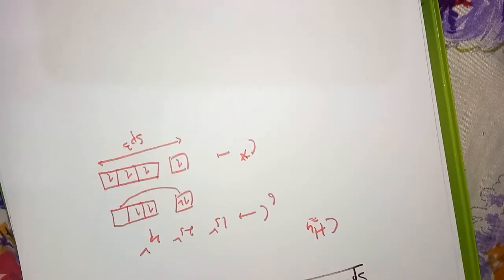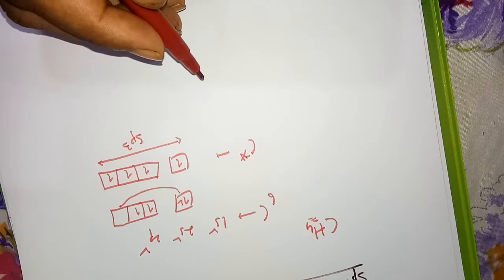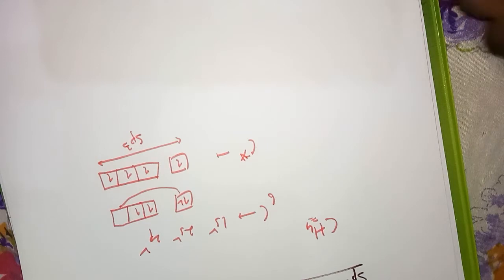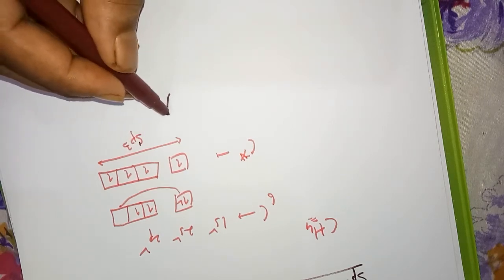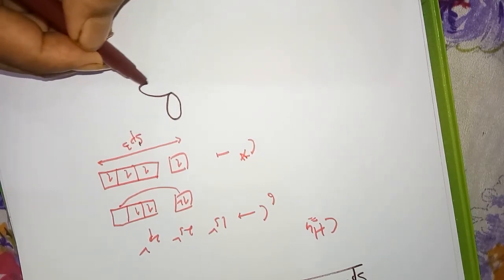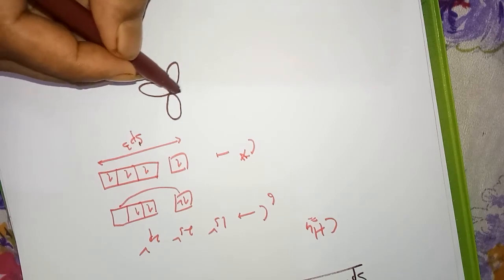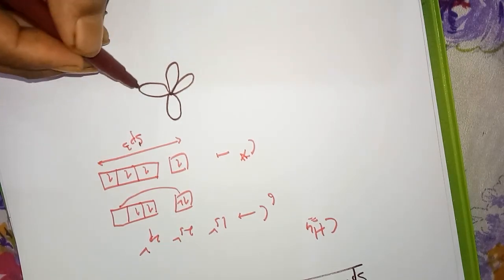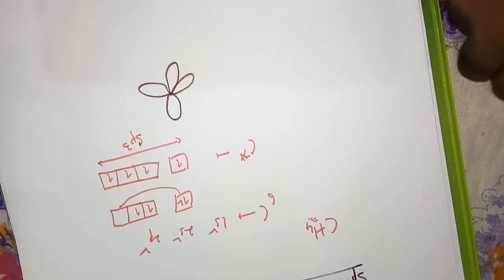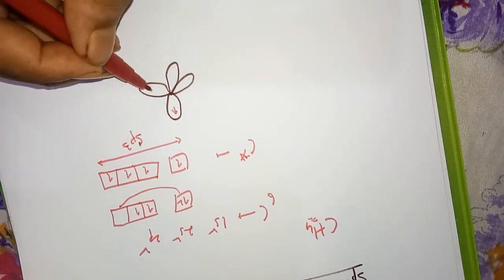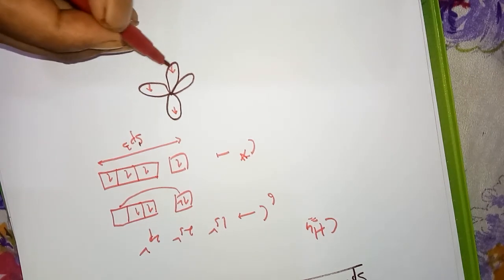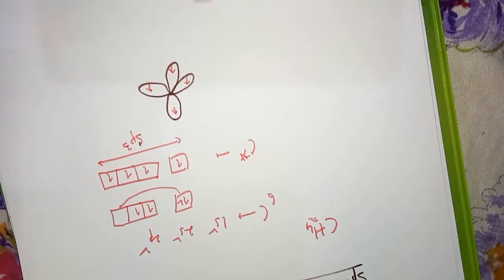In sp3 hybridization, we have to draw the sp3 orbital like that. sp3 means 1 plus 3, 4 orbitals. 4 orbitals, how will I draw? This is 1, this is 2, this is 3, this is 4. This is a tetrahedral type. So how many electrons are there? 4 electrons. 1 electron, 2 electron, 3 electron, 4 electron.